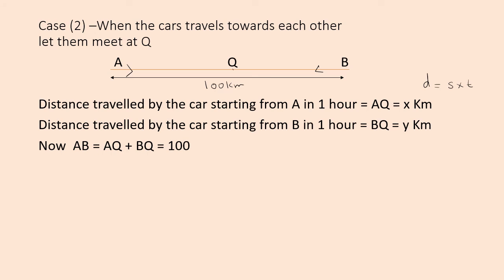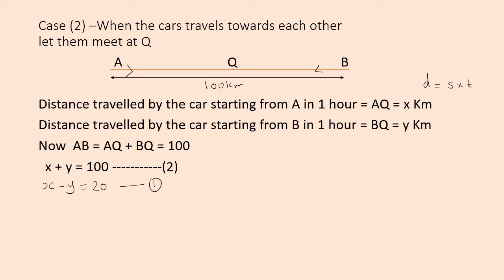Now, we have already said that the distance between A and B is 100 kilometers. So AB is AQ plus BQ, which equals 100, that is x plus y equals 100. Number this as equation 2. And our first equation was x minus y equals 20.